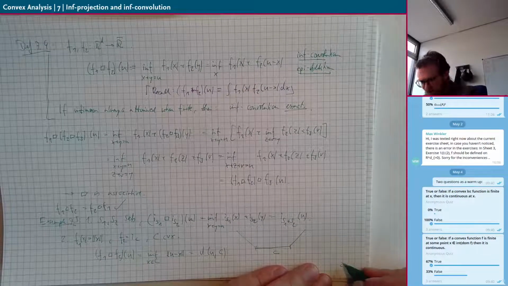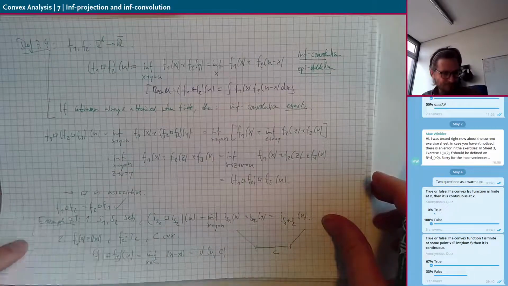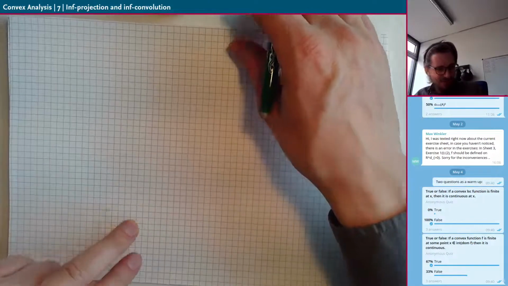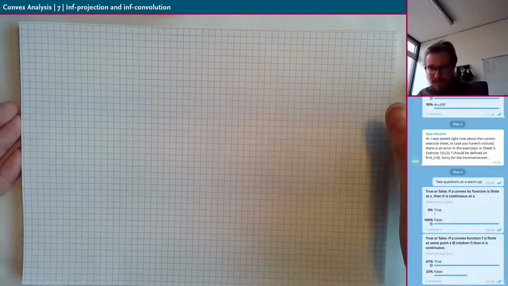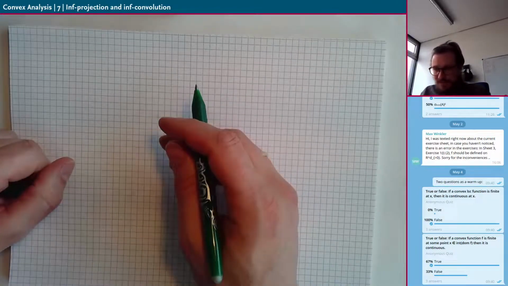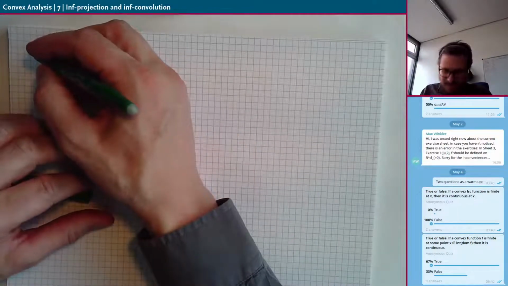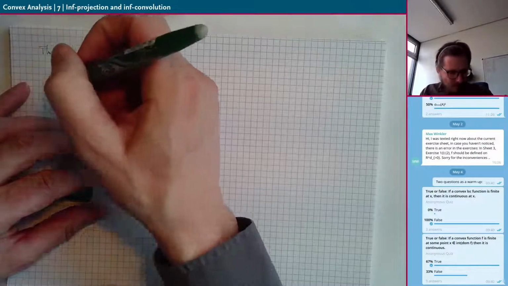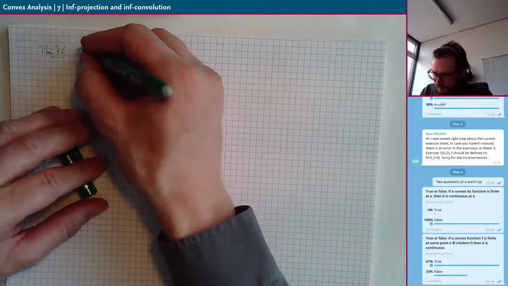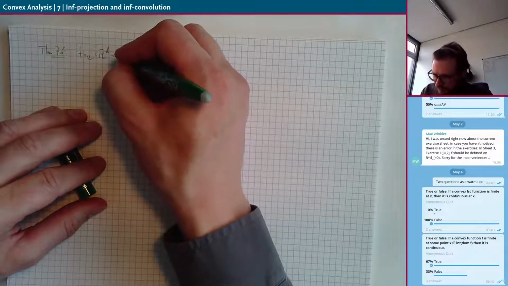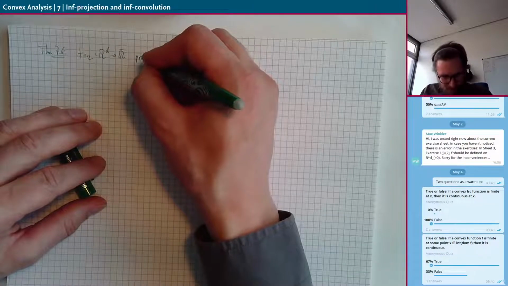Okay, that's that. Now comes the result, which implies that inf-convolutions of convex functions is in fact convex. So f1 and f2 are two proper functions. Both are proper.